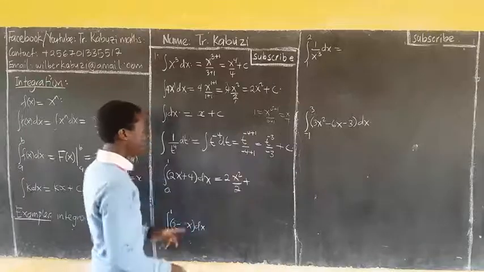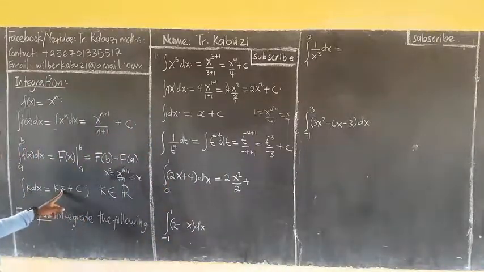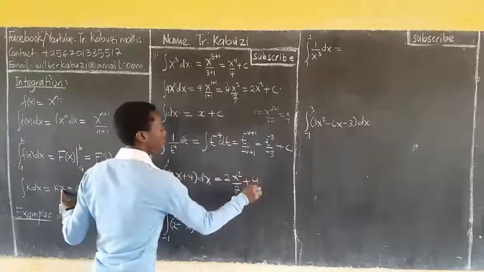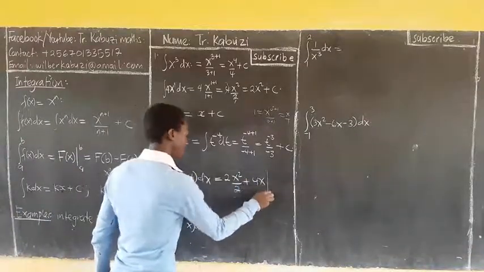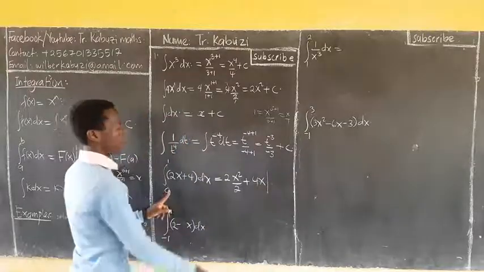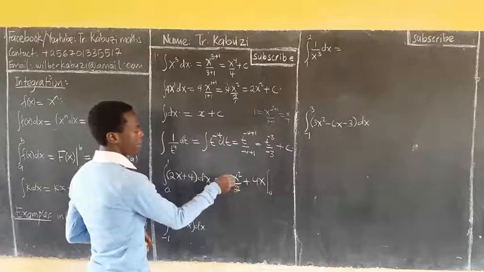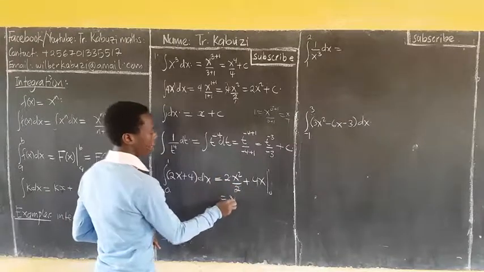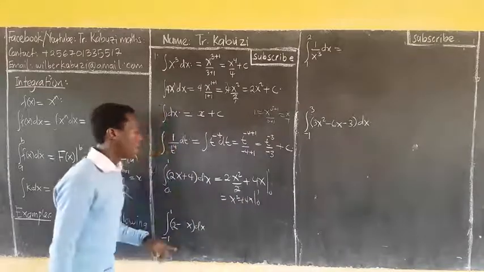Then plus 4 is a constant, so it's a constant here. It's that here there is x power 0, so 4x. Then this one we have limits from 0 to 1. So now you see these two and these two go. So we'll be having x squared plus 4x from 0 to 1.